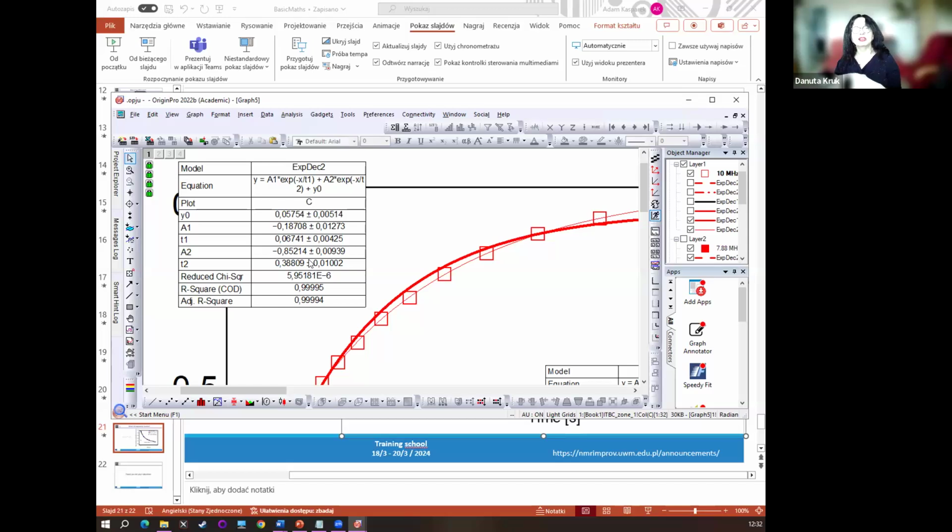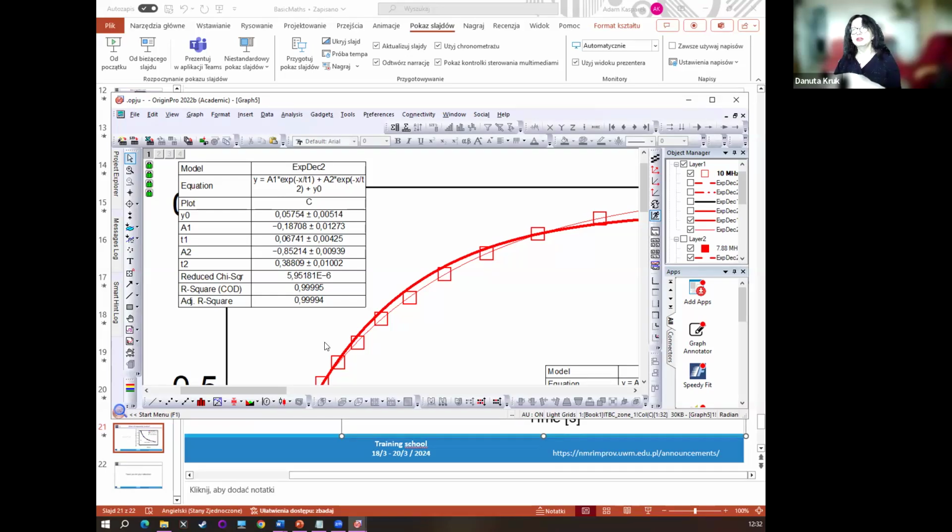Because the values themselves, A1 and A2, are never important. A1 plus A2 plus Y0 just adds up to 1, yeah? This is just normalization. But what is important is the ratio between A1 and A2, or A2 and A1.